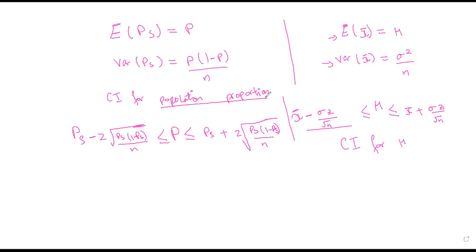Okay. All right. So far I've just written the formula. This is PS minus Z under root PS, 1 minus PS divided by N. This is the population proportion, just like this is the population mean.